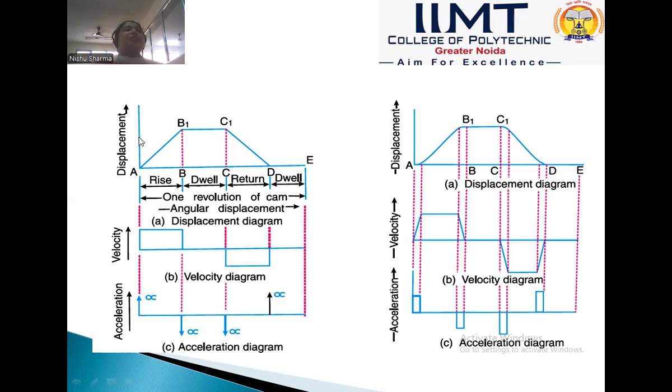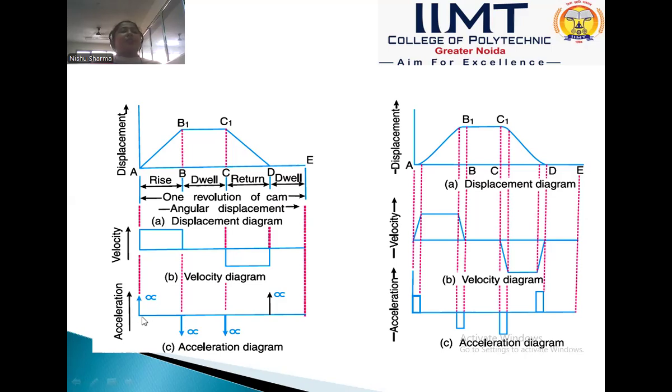It is also called one revolution of the cam. This is a diagram of uniform velocity, and the velocity diagram is a simple rectangle. In a dwell position there is no motion, so it is zero. In the return stroke, the follower returns to its lowest position, in the negative direction.